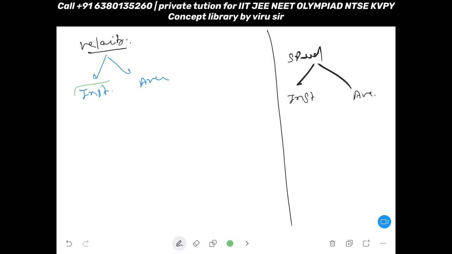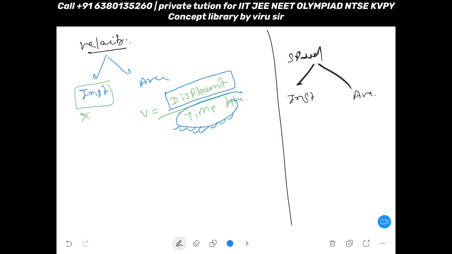Instantaneous speed you cannot find out by using the formula. Which formula am I talking about? Velocity is equal to displacement by time taken. This time taken means how much time you are spending on the way. Are you getting it? And displacement we already did in previous classes.